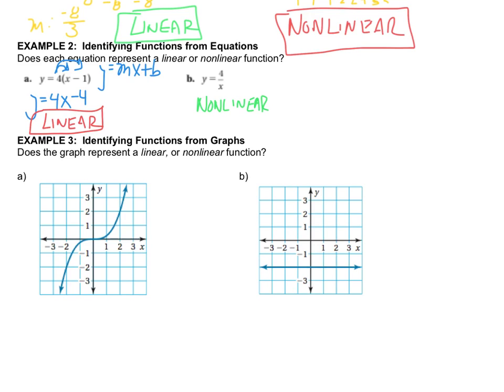And so what I'm going to add to this too is that the variables can't be in the denominator. I'm going to write no variables in denominator.